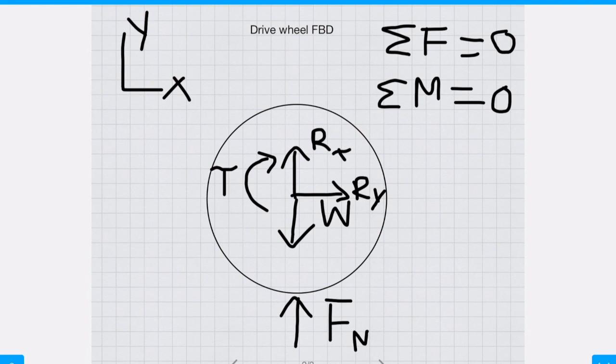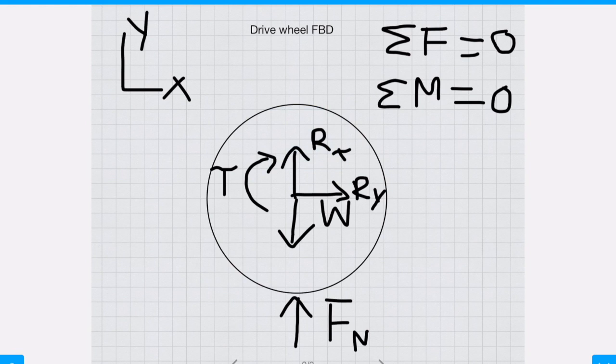This is what spins the wheel. As the motor spins, it spins the wheel, creating this net torque. But if you look at this now, the net moments are not going to be equal to 0 because this torque is counteracting all of this movement.